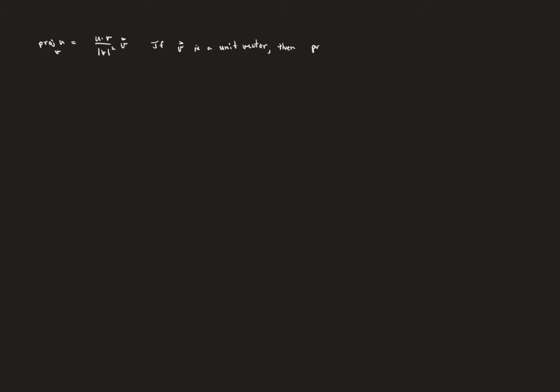That magnitude of v is just 1, and 1 squared is just 1, so we just get u dotted with v times vector v. If v is already a unit vector, the amount of vector u that is going in the direction of v is exactly its dot product.